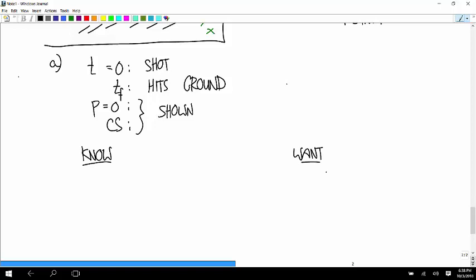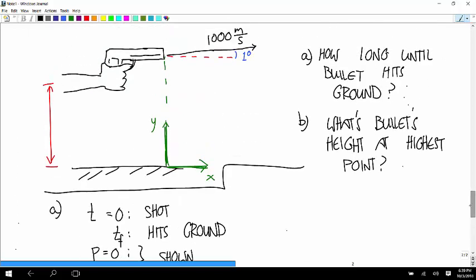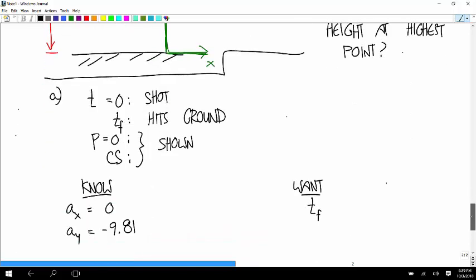Time final is what we want. Acceleration is straight down, so AX is 0. AY is negative 9.81. Initial position is 0 for x, 1 for y.